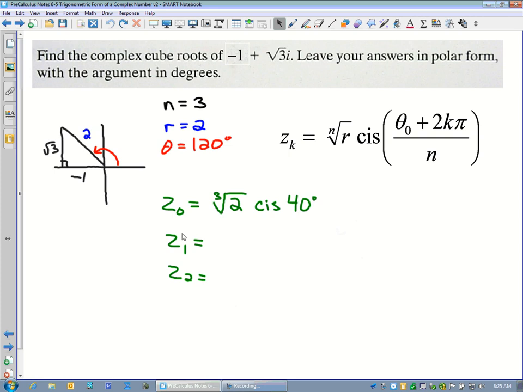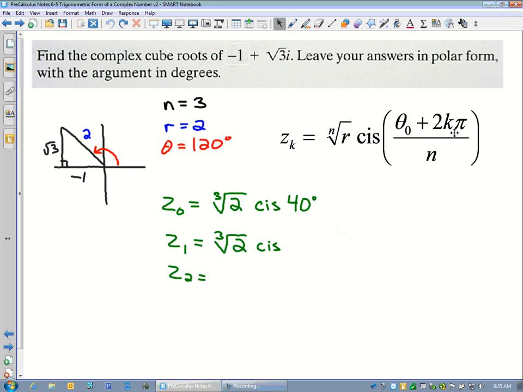Plugging in the 1 for the k, and then the n and the r, you notice how I'll have, again, the cube root of 2. Again, I'll have the cis. This time theta is going to be the same 120 we're starting with. So theta divided by the n, we're starting with the 40, but we're adding to it. And I know the formula is in terms of pi, but we're working in degrees, so it's actually going to be 360 times k, because 2 pi is 360 degrees.